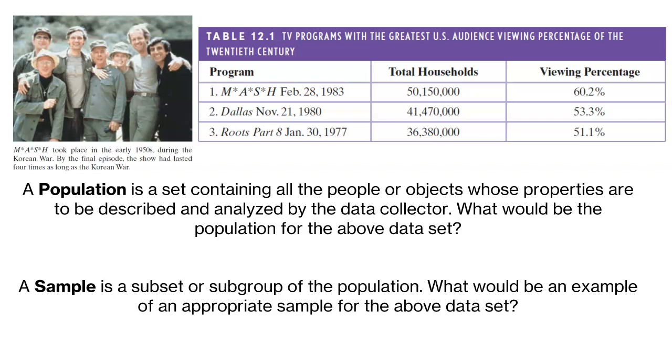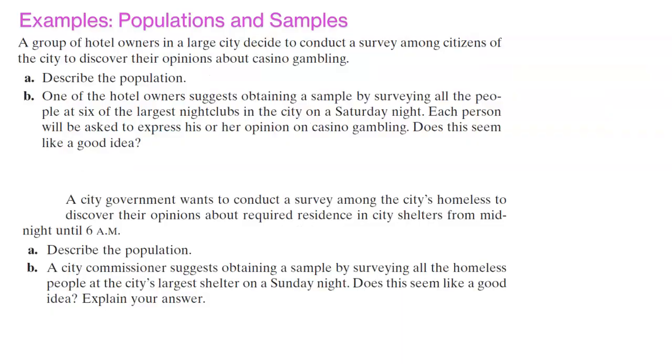And then we use the information from that subset to make a generalization about the entire population. There's no way that we could figure out that exactly 50 million people watched MASH. That's just an estimate. That's a best guess based on interviewing a smaller subset of people.